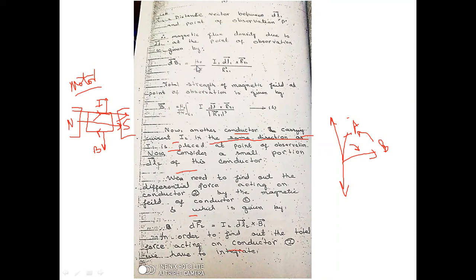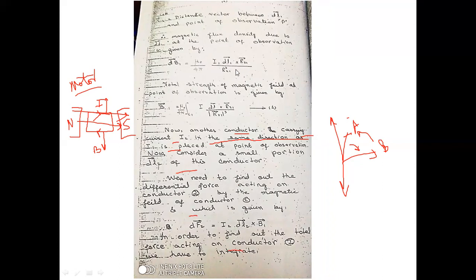So dB1, the magnetic flux density due to the differential length dl1, is equal to mu naught over 4 pi I1 dl1 cross r21.